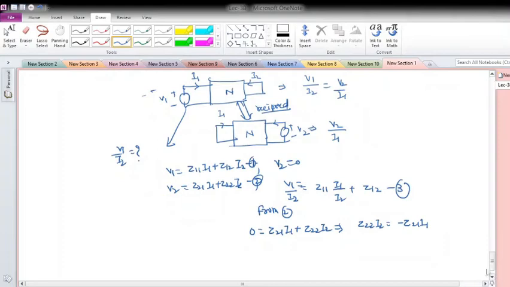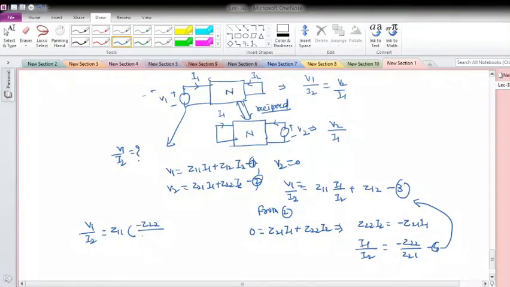Then I can obtain the relation I1 upon I2, which will be equal to minus Z22 upon Z21. Now this equation 4 I will substitute in 3. So you will get V1 upon I2 equal to Z11 into minus Z22 upon Z21, plus Z12.